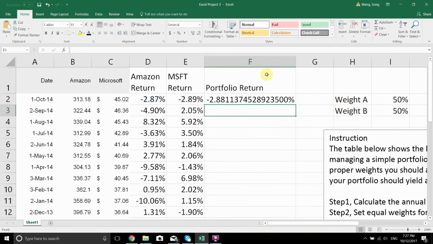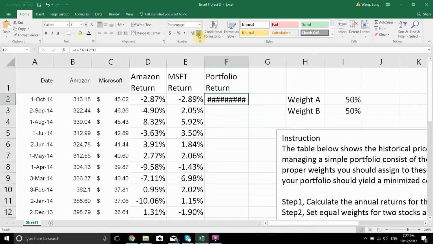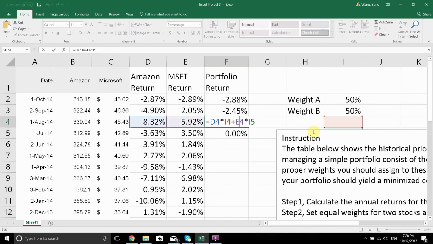And wow, that's a big number. So I only need to decrease the decimal to make it look nicer. And I may not be in a hurry to drag it down, because if I drag it down, it may not be the right answer. Just to show you, if I drag it down, it's wrong.